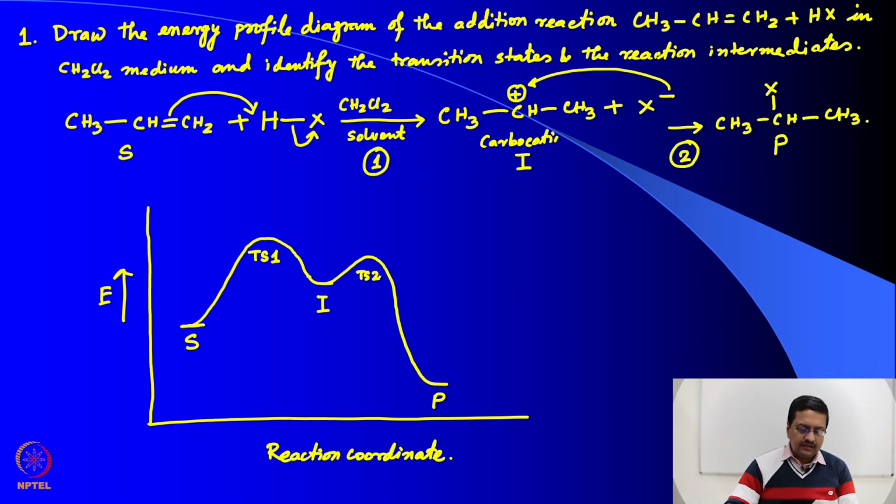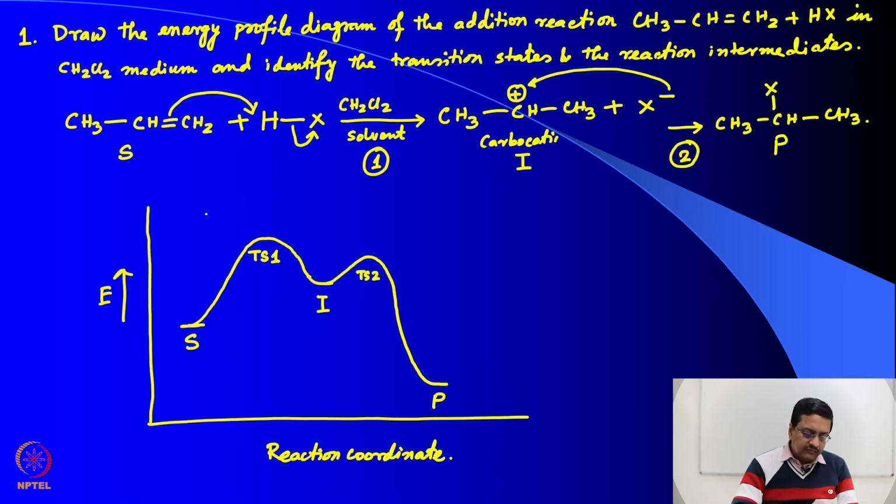What is happening when the substrate starts to react with your HX? The pi bond of that CC group starts to break and starts to form a bond with the hydrogen of HX, and the HX bond is slowly breaking down to give you X minus.